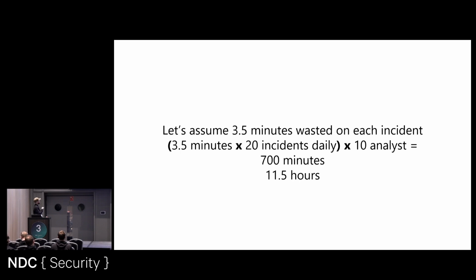This is 700 minutes or 11.5 hours per day wasted for 10 analysts. And so if you add this up, this is more than one person's amount of work. And a lot of incidents, they will waste way more than this. So automation is very helpful in saving time and combating these issues that we're having there.